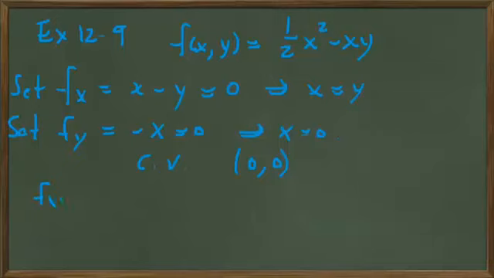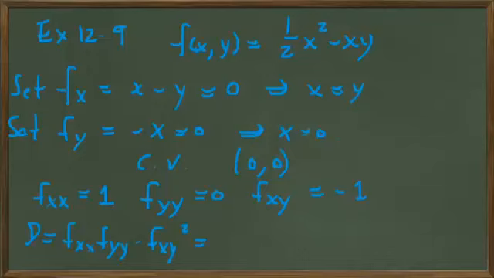F sub xx is going to be 1, f sub yy is going to be the partial of minus x with respect to y, which is 0, and the mixed partial f sub xy is going to be minus 1, and the discriminant is f sub xx times f sub yy minus f sub xy squared, so it is 1 times 0 minus 1 squared, which is less than 0, so therefore at the point (0, 0) we have a saddle point.